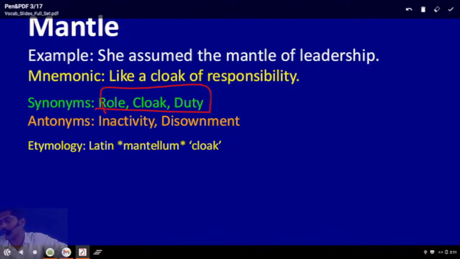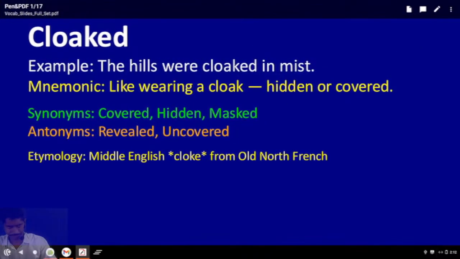Cloak is nothing but a kind of dress. In fact, all are synonyms, only parts of speech wise they are different. Cloak means covered. Covered, surrounded is called cloaked.